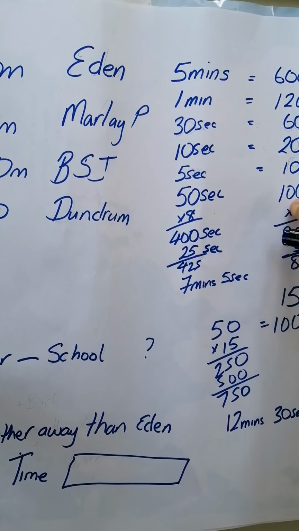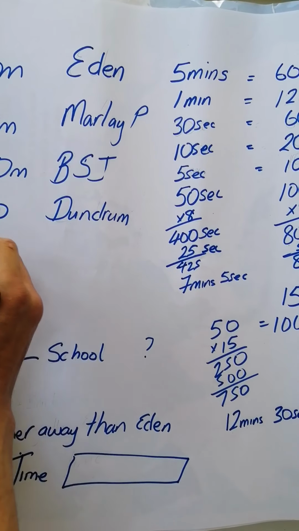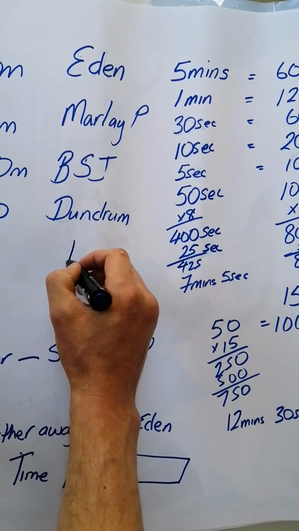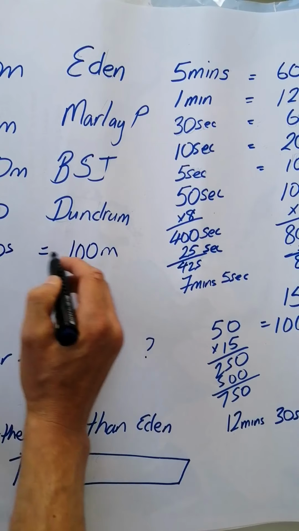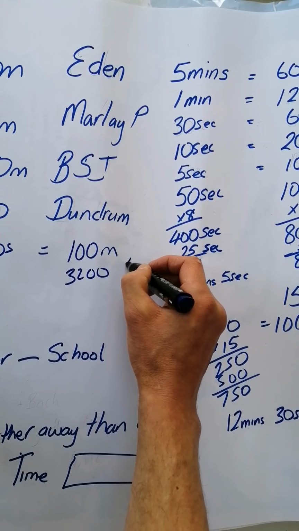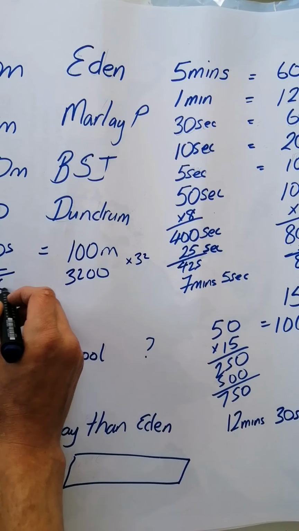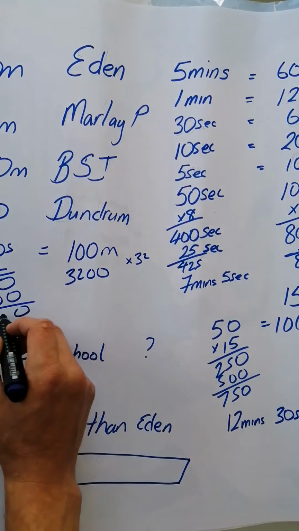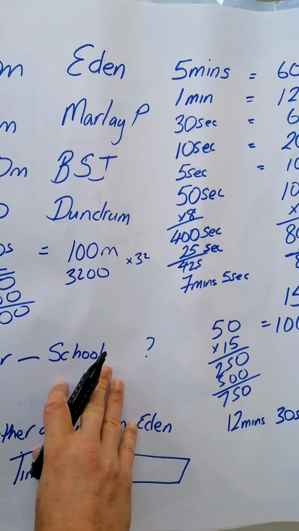Or I can multiply it to 100 by 32, which I'll actually do. So 100 meters is 50 seconds. What's 3200? That's getting bigger by 32. Same over here. And that, of course, is in seconds.